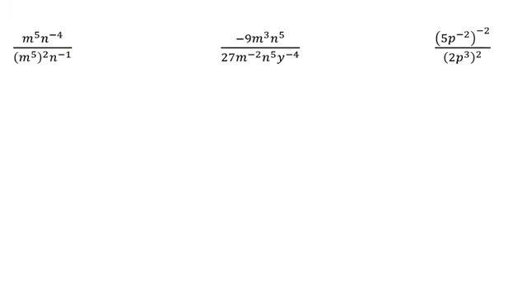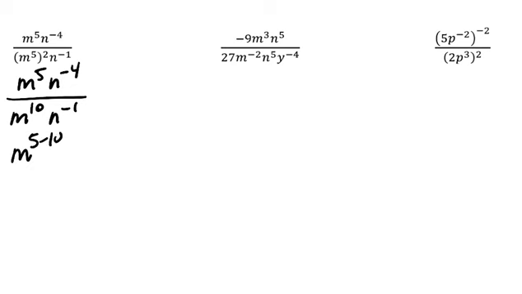Alright, so I'll do the one on the left, y'all do the two on the right. So this is m to the 5, n to the negative 4. I'm going to deal with the thing in parentheses, so that's m to the 10, n to the negative 1. So this is m to the 5 minus 10, and n to the negative 4 minus negative 1.